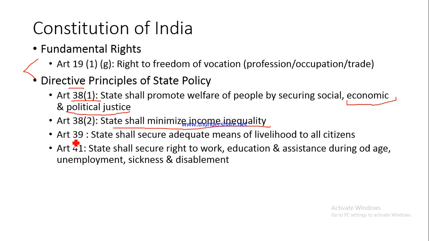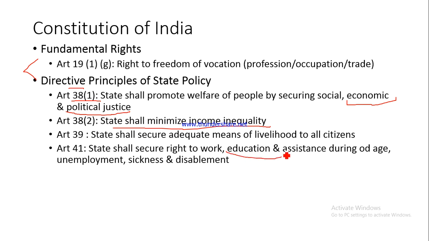And India does have so many schemes which are basically trying to fulfill this particular directive. Now, for example, I have talked about MGNREGS, Mahatma Gandhi National Rural Employment Guarantee Scheme. This is nothing but trying to give right to work to all the individuals, if not for the full year, at least for 100 days. Again, right to education.